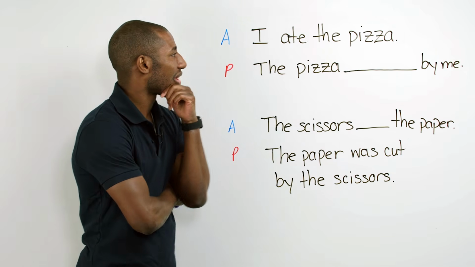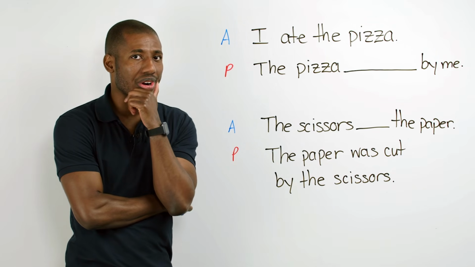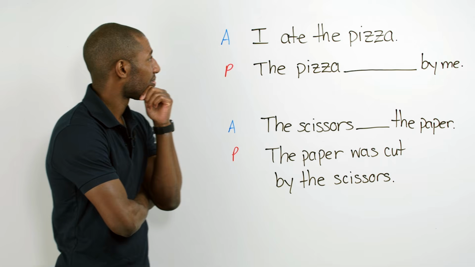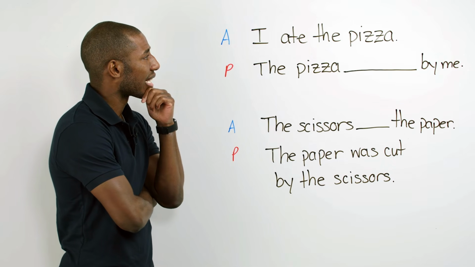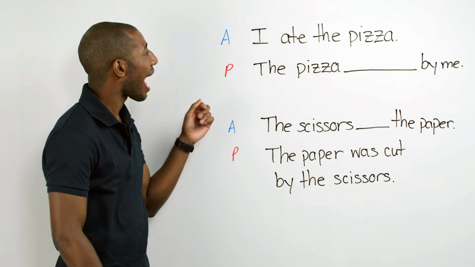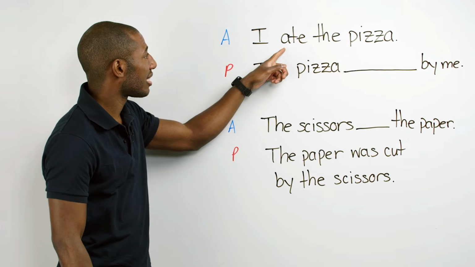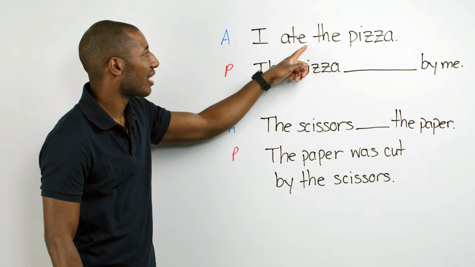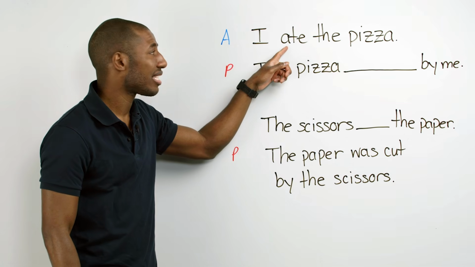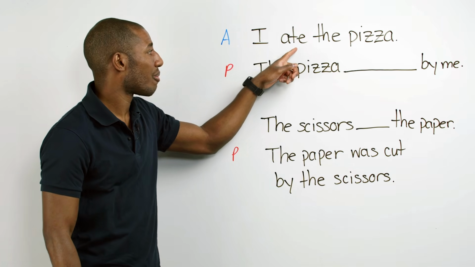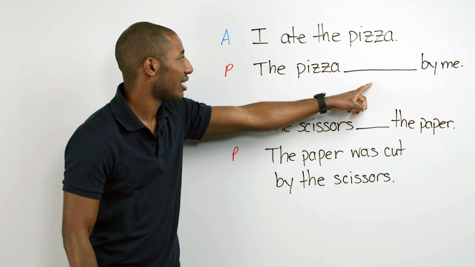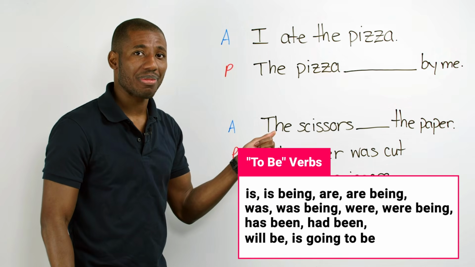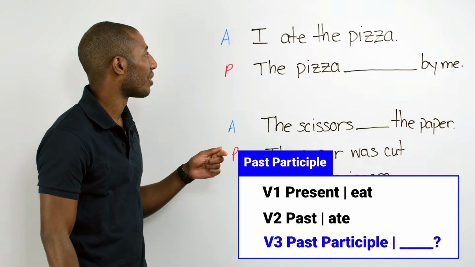I need to figure out what word goes in the blank. Well, the action is missing. If I look at the active voice sentence, I see that our action is ate, which is written in past tense. We remember from earlier that our action in passive voice sentences needs a to be verb as well as a past participle.